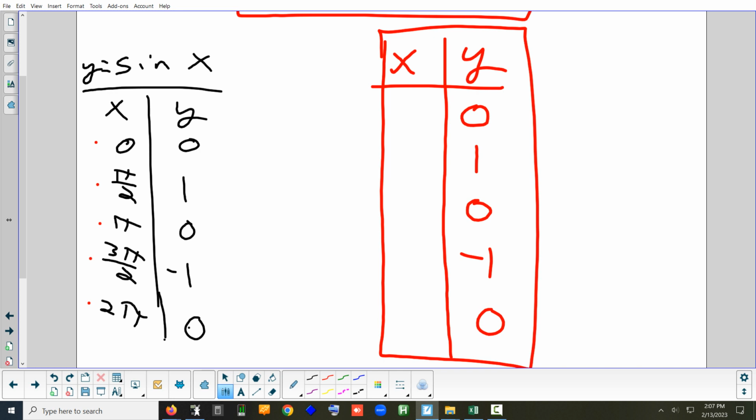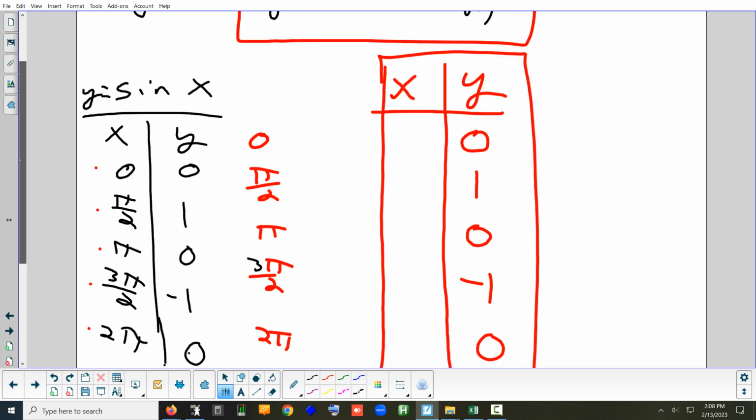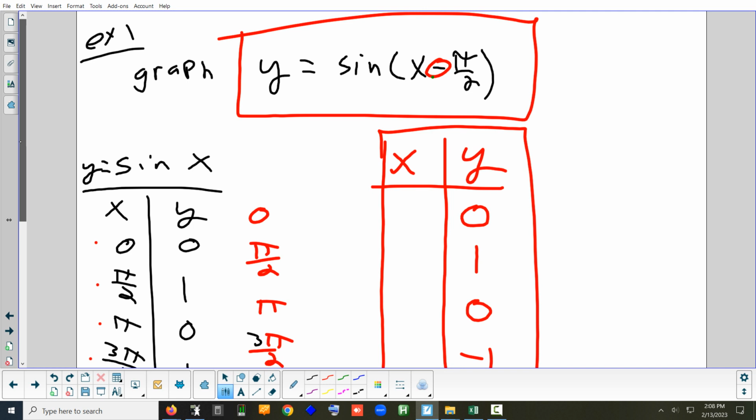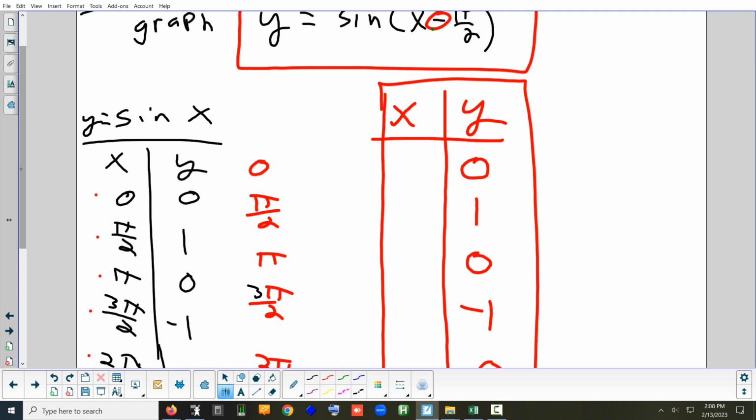What I'm going to grade would be in that table. On the outside of it, I'm going to do my calculation. And the calculation is to add pi over 2 to all of them. And that's going to shift them all to the right.